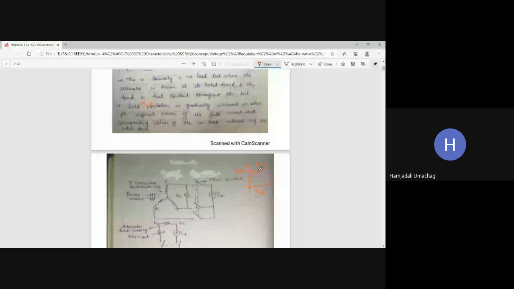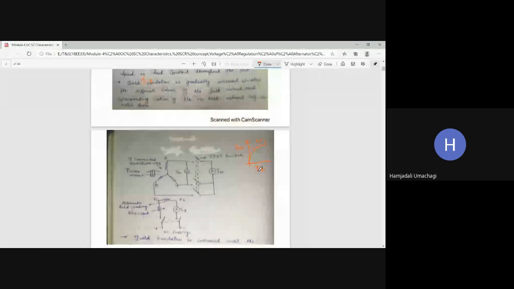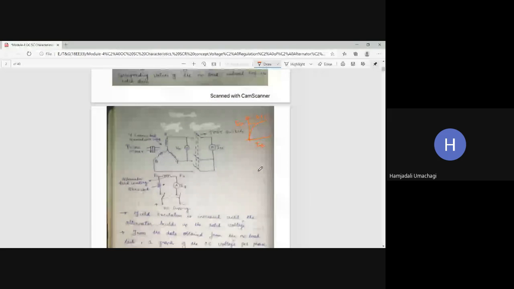The circuit diagram to conduct the open circuit test is this, where this is my three phase alternator having three phases R, Y, and B. This is the rotor, and the terminals of the alternator R, Y, B are connected to a TPST switch, triple pole single throw switch, with an ammeter in between.